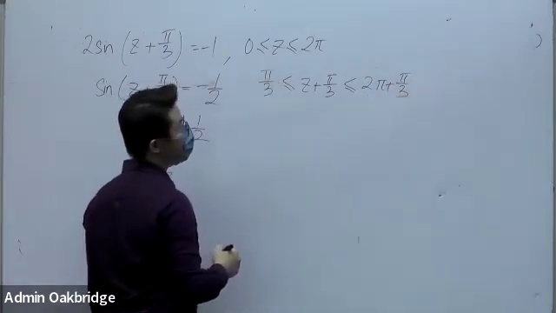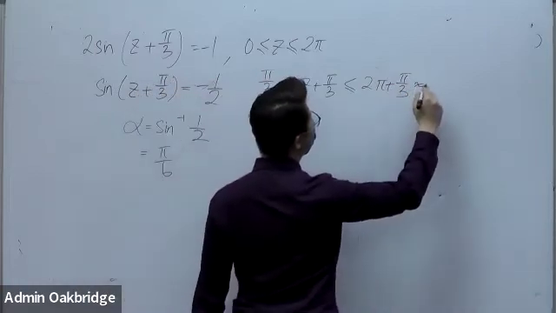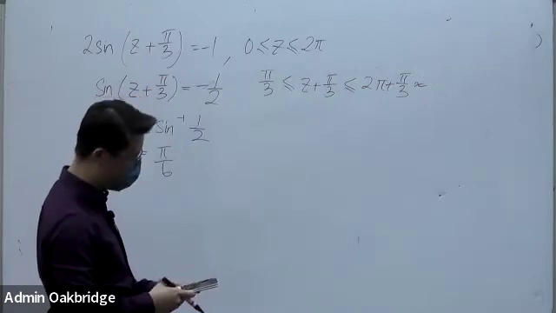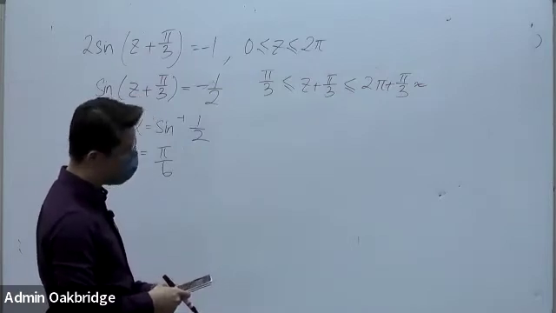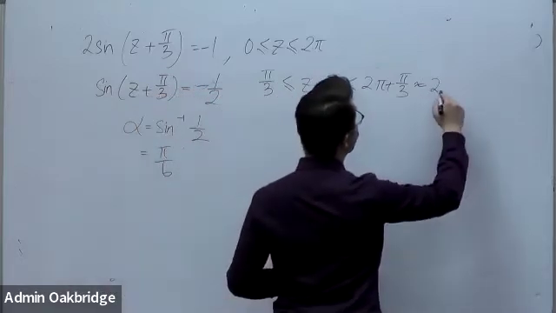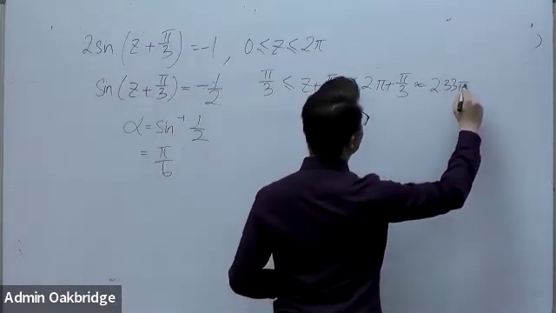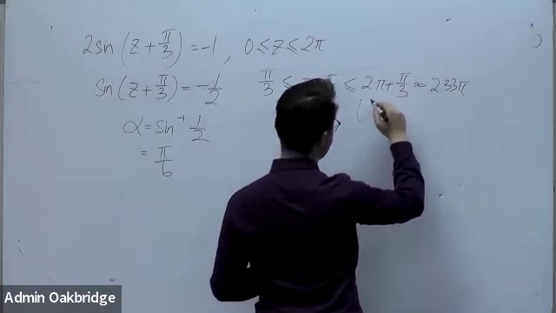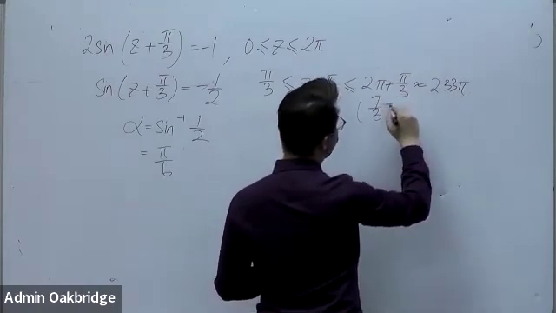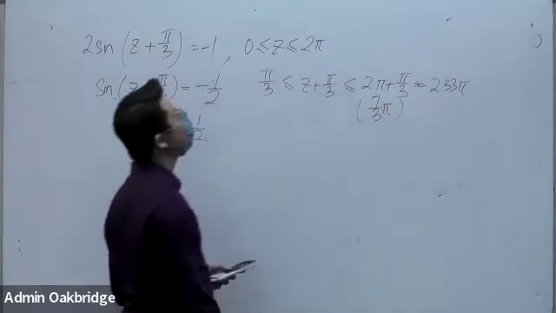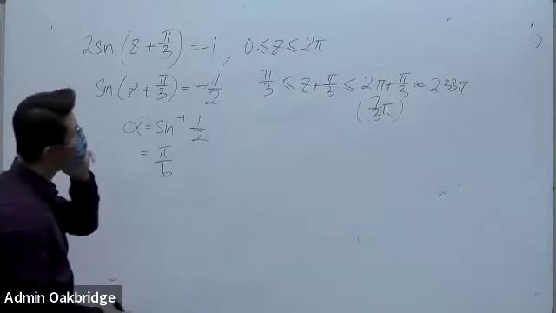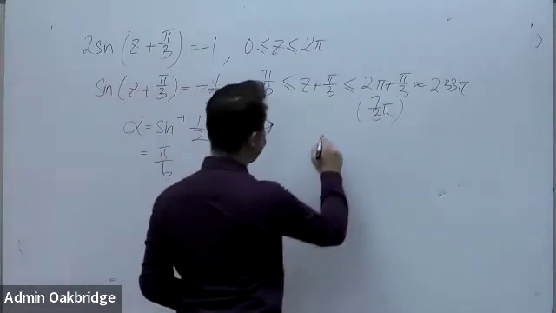All right, this will be what? 2 plus 1 over 3, 7 over 3, 2.33. It is actually 7 over 3 pi. Okay, 2.33 is more than one round already.